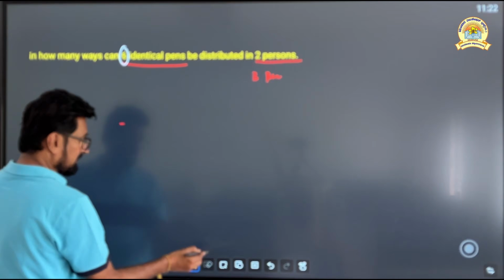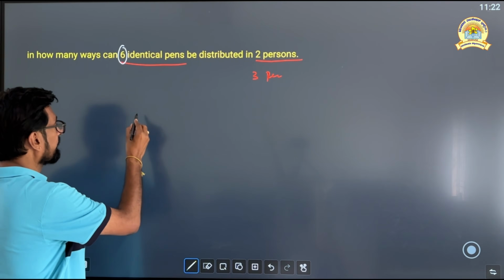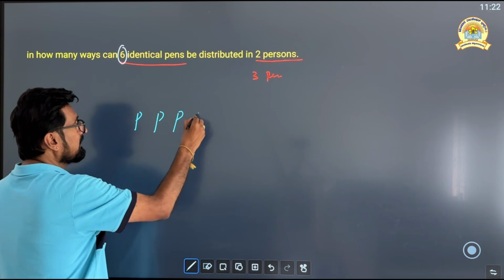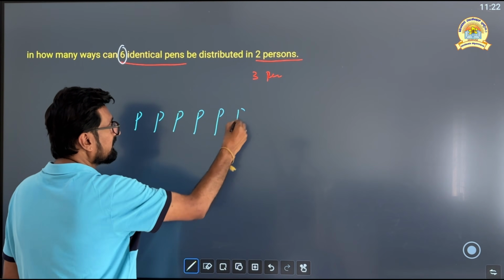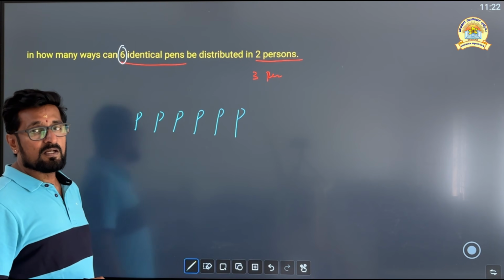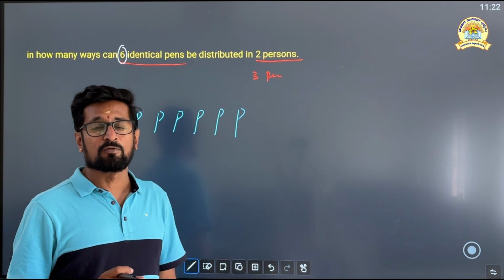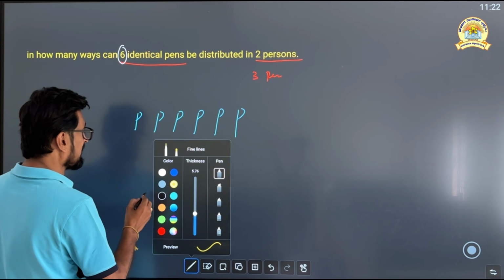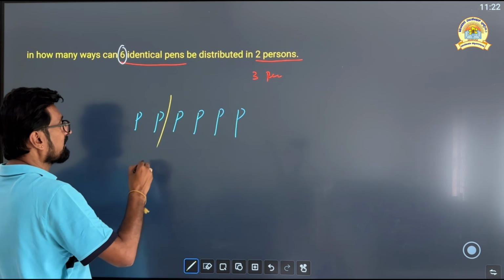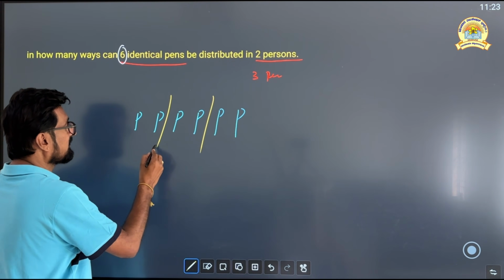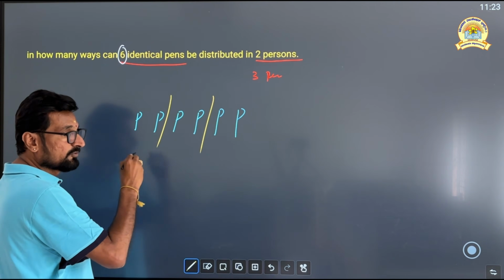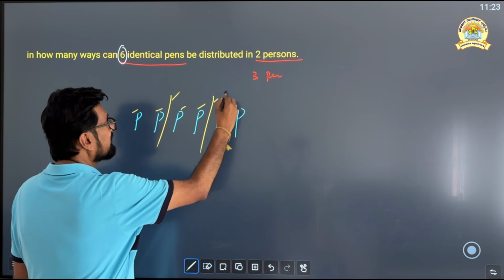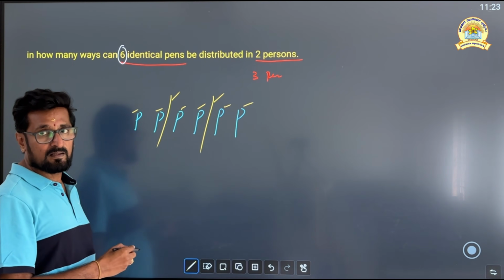Let us write the 6 identical pens. You need to distribute to 3 persons, so 2 scales are required. I draw the scales wherever I want. This is one scale and this is one scale. So totally 1, 2, 3, 4, 5, 6, 7, 8 things are there.